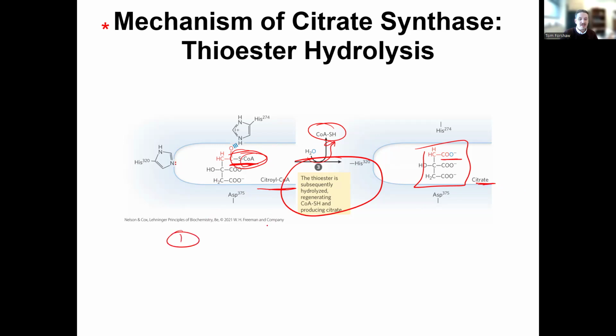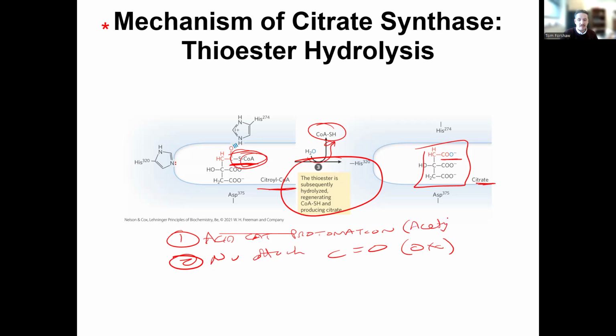To summarize, step 1, you get the protonation. Step 2, you get nucleophilic attack of the carbonyl of oxaloacetate, which is the condensation.